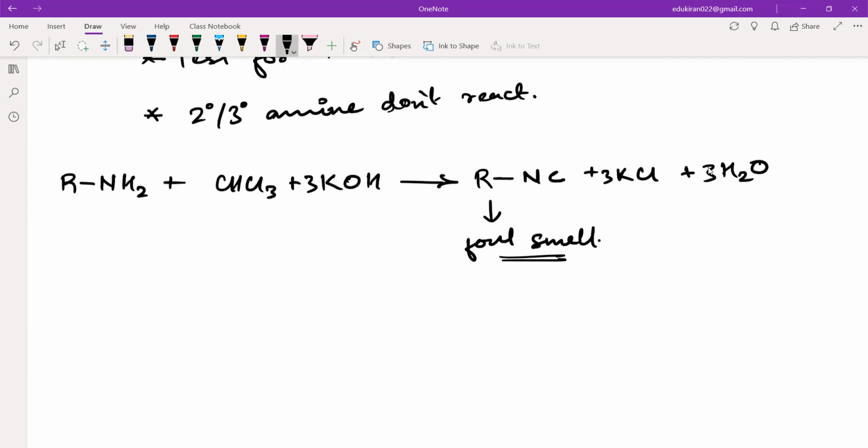Okay. Now this is also known as, इसका एक और नाम है. Since it is isocyanide, it is also known as the isocyanide test. Okay.